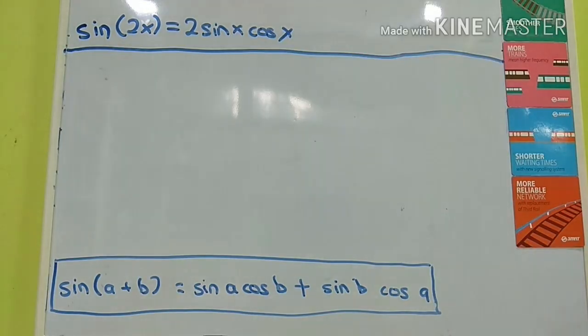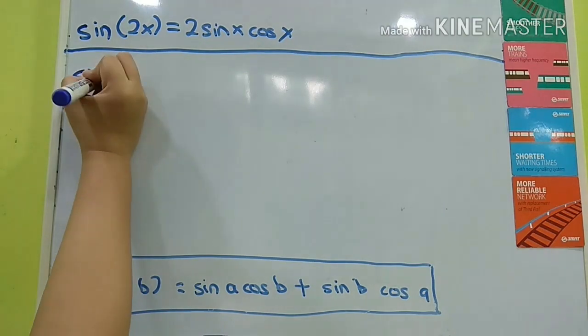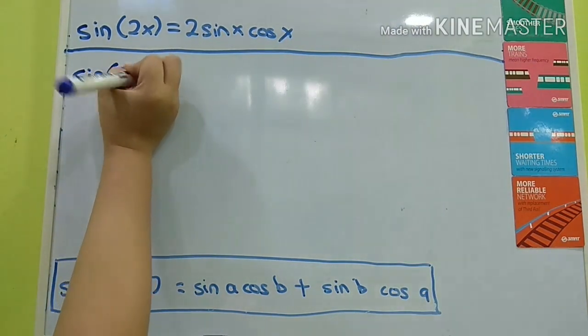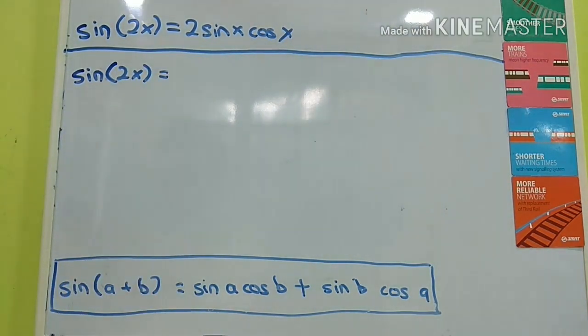The sine of 2 multiplied by x is equal to 2 multiplied by the sine of x multiplied by the cosine of x. I'm gonna be using the identity sine of a plus b is equal to sine of a cosine of b plus sine of b cosine of a in order to prove this identity. So first, I'm going to rewrite the sine of 2 multiplied by x to be able to use this identity.